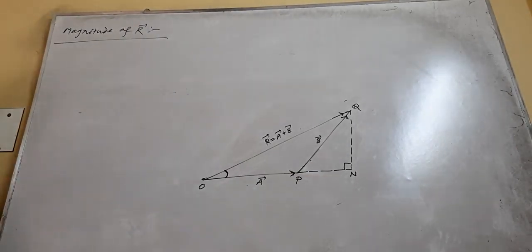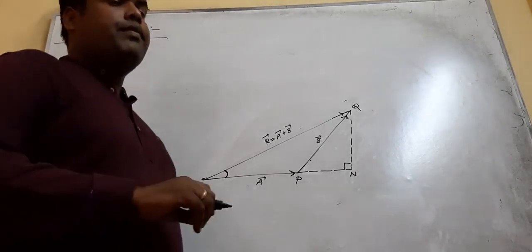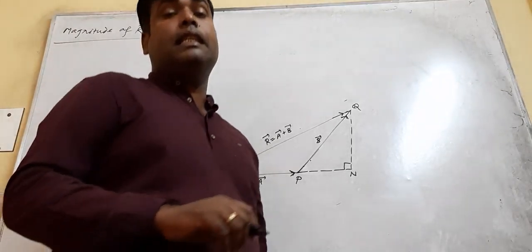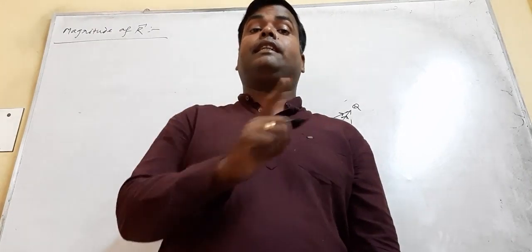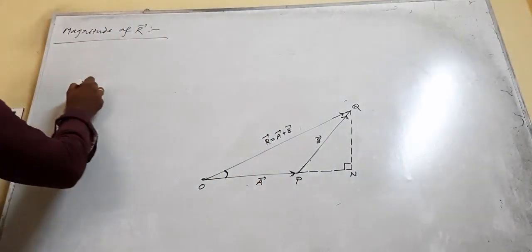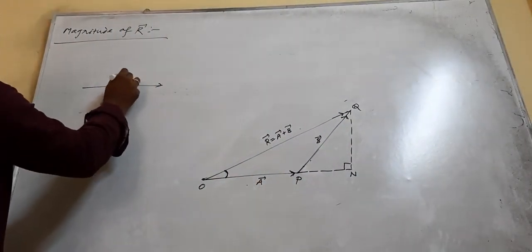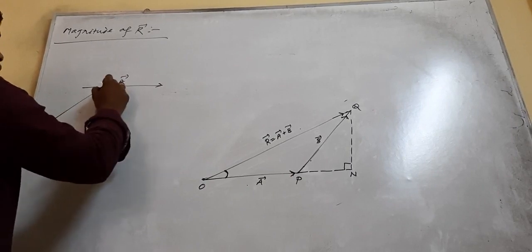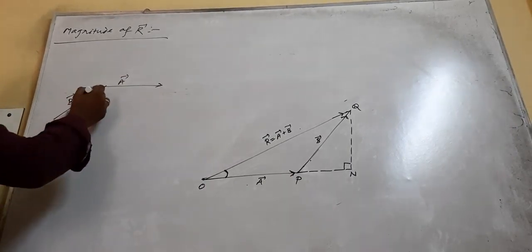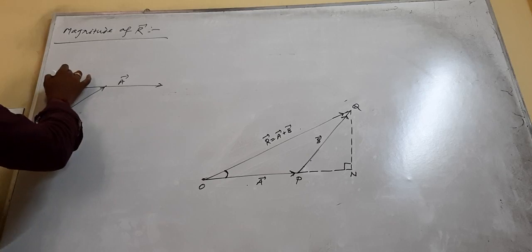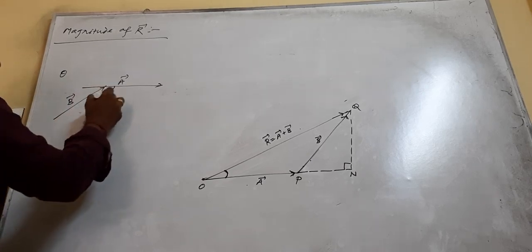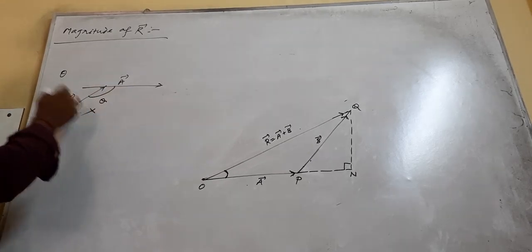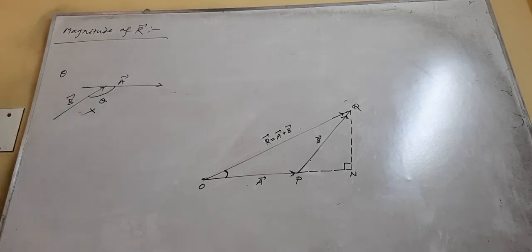Here you remember the angle between two vectors means the angle between their directions. Suppose it is A vector, it is B vector, and the angle between the two vectors A and B is suppose theta. That means if you write it here it is theta, no, that is not between their directions.